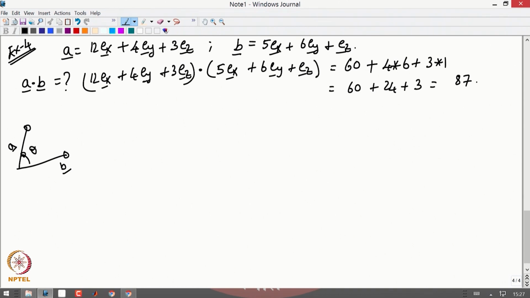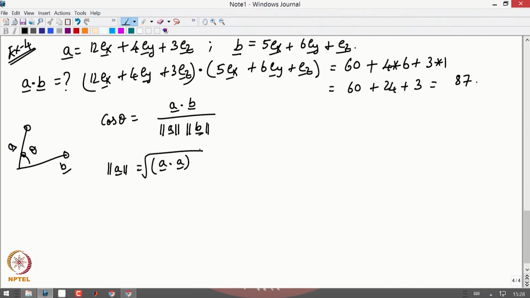You will go about doing that by recalling what a dot product is. Then you will recall that cos theta is nothing but A dot B divided by magnitude of A times magnitude of B. Just now we found what A dot B is. Now, we have to find the magnitude of A. Magnitude of A is going to be A dot A itself, and take a square root of that.